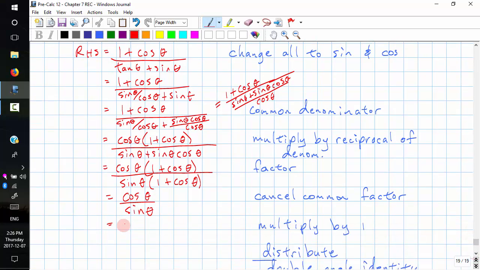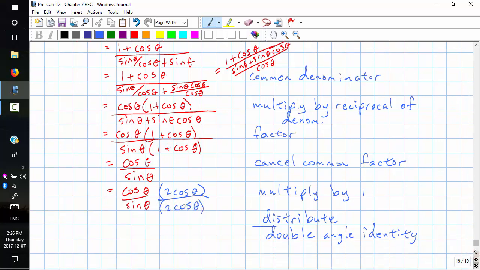We're multiplying by 1, so we have cos theta over sine theta, and we're multiplying by 2 cos theta over 2 cos theta. And we distribute. We get 2 cos squared theta. We get 2 sine theta, cos theta.